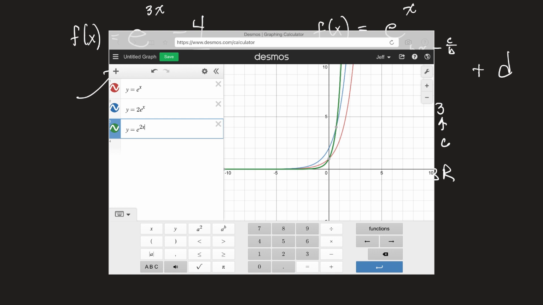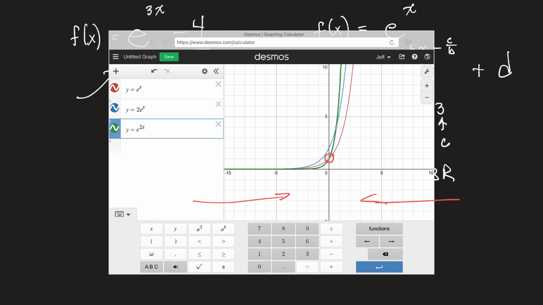I thought that would have been similar, and I guess they are similar to where a is 2. But this one is the one that's horizontally squishing. So the red one gets squished horizontally. Notice the point there is the same point.